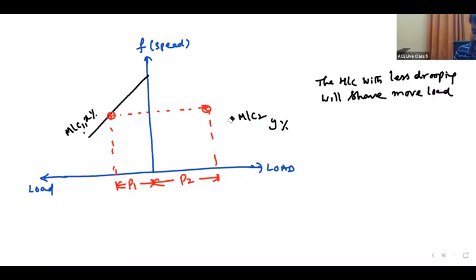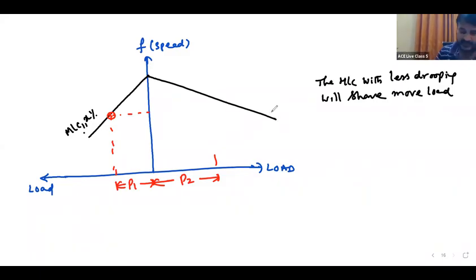For example, with less drooping, what is going to happen? This one will share like this. This will share more load. Then you can observe it clearly.